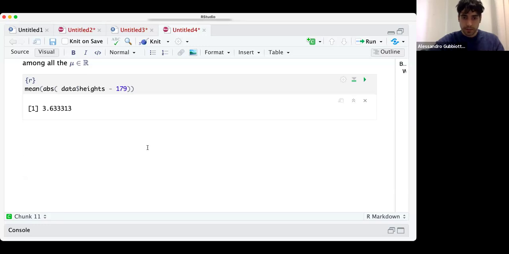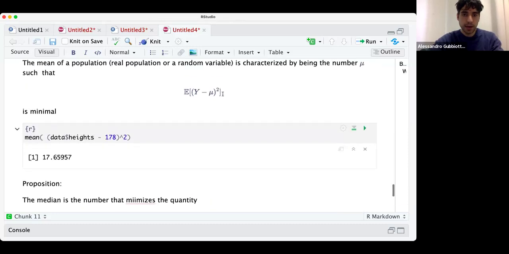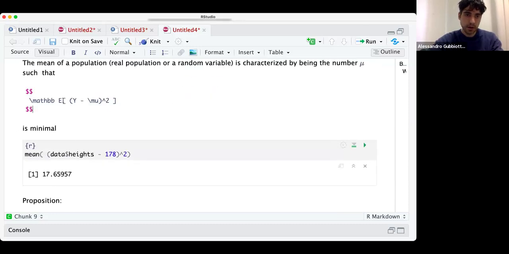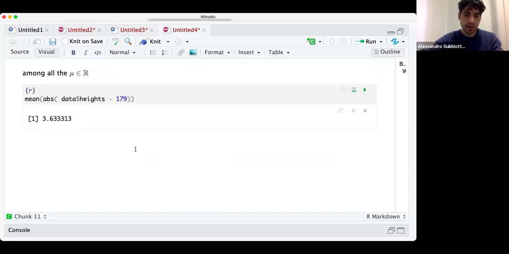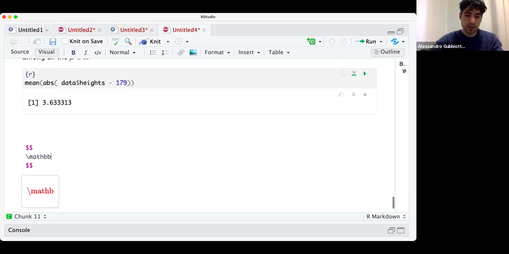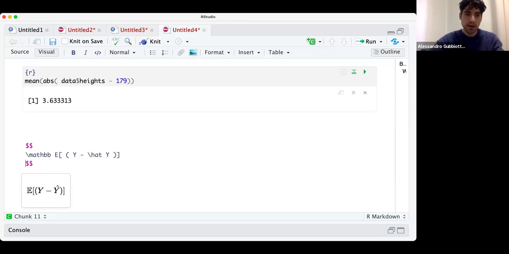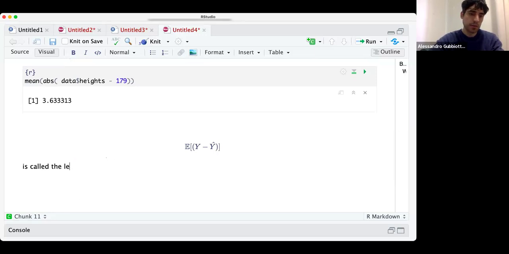Okay, this quantity here, the mean of the population minus your guess, is called the squared error.